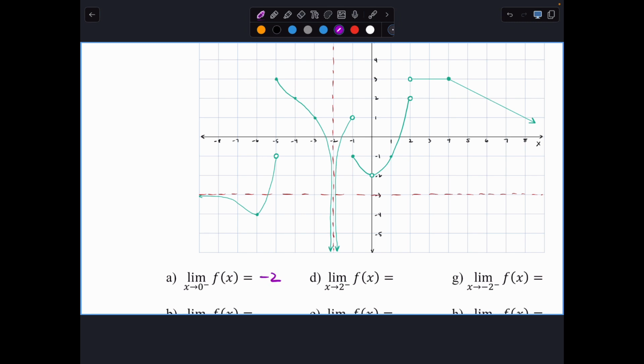Again, we don't care what's happening over here. We can see there's a jump in the graph over here, there's a vertical asymptote, there's a lot going on. We just care about the neighborhood of 0, going directly to the left of 0 and approaching 0 from the left-hand side. It seems like that function is approaching -2.